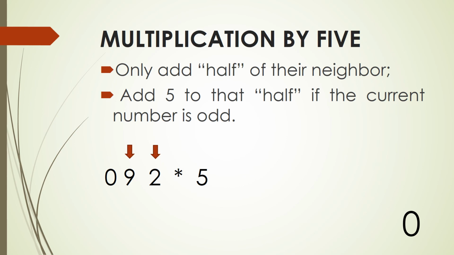We write the number 6. Then we pass to the next one. We see that 0 is an even number, and we only need here to add half of the neighbor, which is going to be 4. And now we have the answer for this problem.